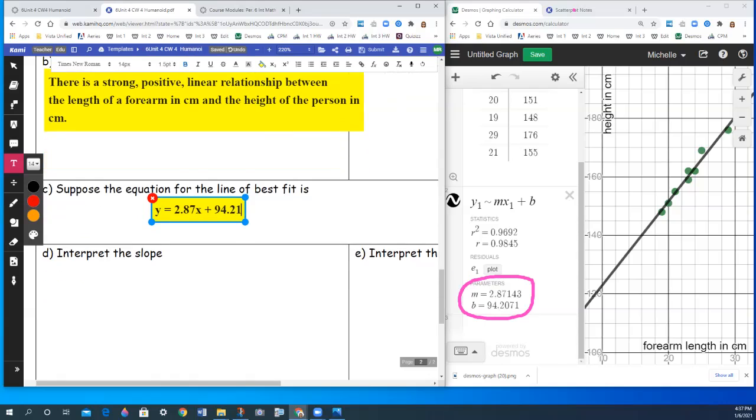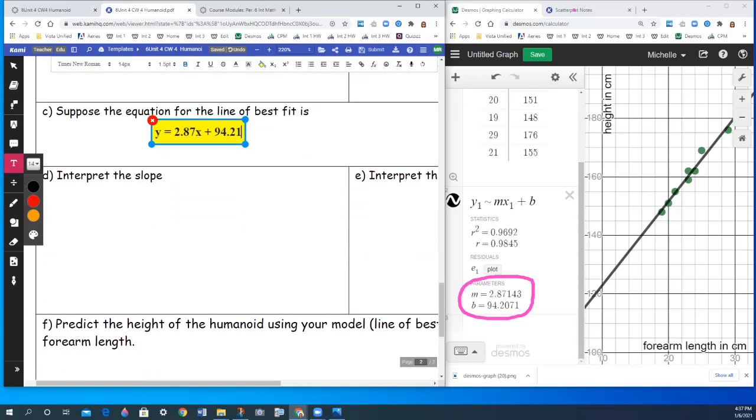Now, the next thing we're going to do is we're going to interpret the slope. And I'm just going to write here just so we understand, okay? The slope is our M, okay? Slope is our M. And in this case, my M is equal to 2.87, okay?